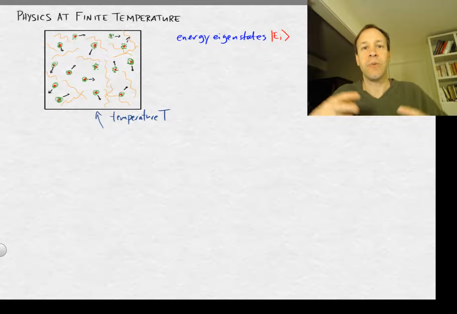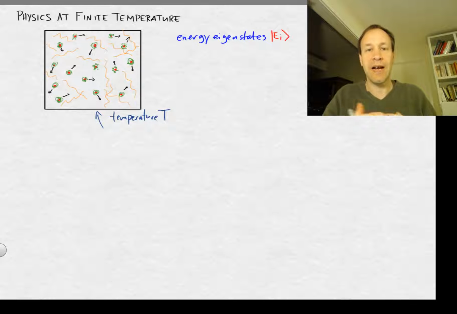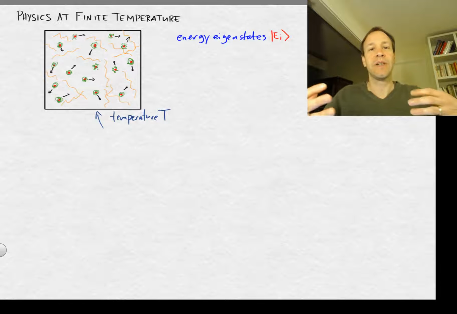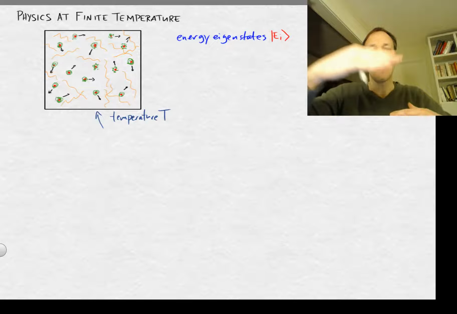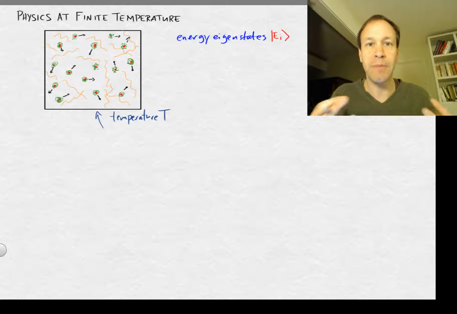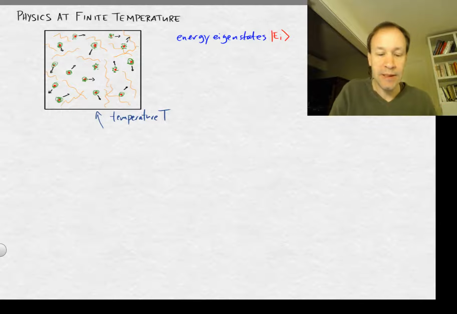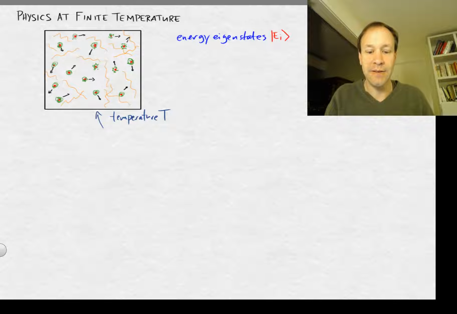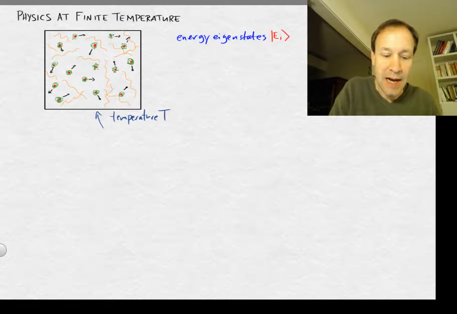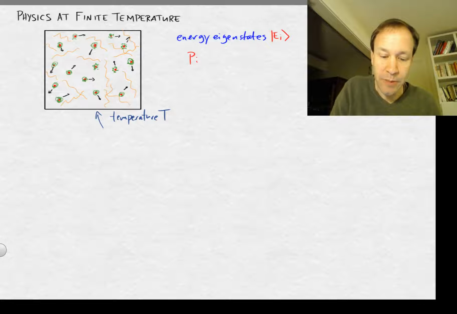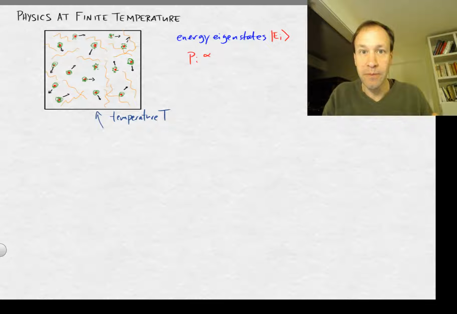Because these molecules are interacting with each other and interacting with thermal radiation that's in the cavity, they're typically going to be in various different energy eigenstates. One of the basic results of statistical mechanics or thermodynamics is that the probability that we're going to find ourselves in the energy eigenstate E_i, so I'll call that P_i, is proportional to what's called the Boltzmann factor.